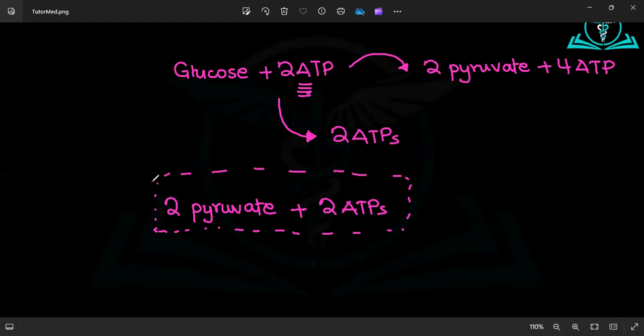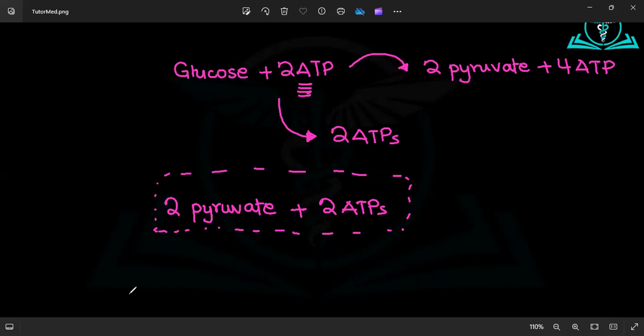Yes, Doc. Any questions? Doc, yes. So how about the remaining 36? Where would they come from? It will come from the Krebs cycle and then the electron transport chain.